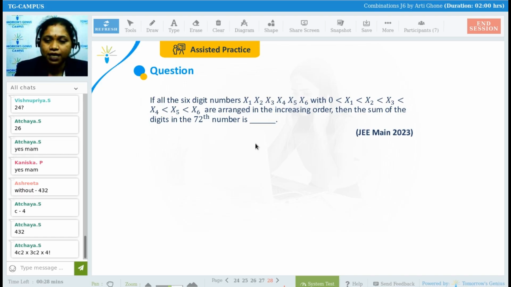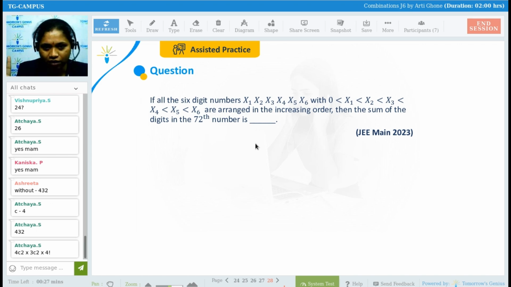First thing, we have seen the concept of rank of a word, but now there is a concept of rank of a number. If we arrange the numbers, obviously if 6 digits are there, then that will be 1, 2, 3, 4, 5, 6 only. So indirectly your x6 value is 6, x5 value is 5.